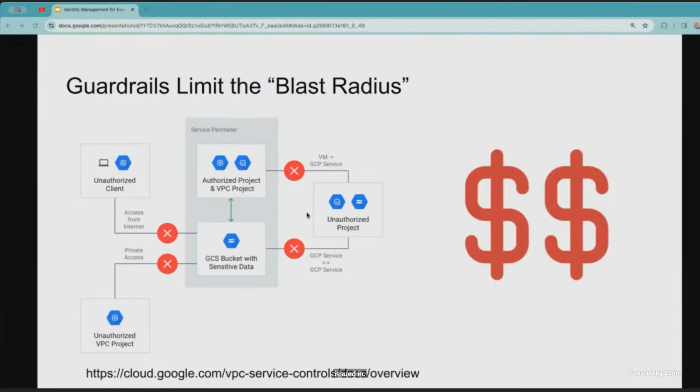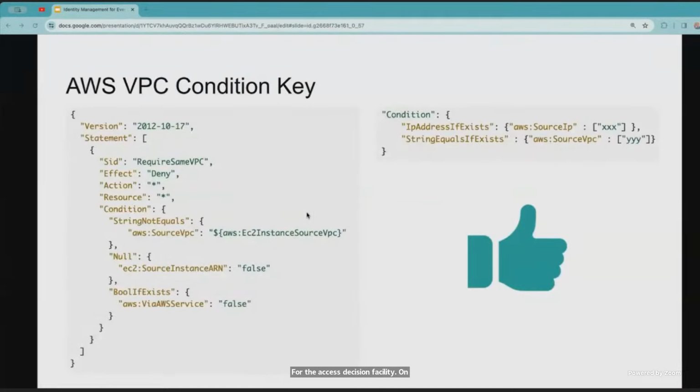The downside of VPC service controls is that it is a premium feature, and you do have to pay to implement it, likely because computationally this increases the burden for the access decision facility. On the AWS side, there's these things called condition keys. And one of the new global condition keys that I'm really excited about this year is actually the ability now to say aws:SourceVpc.